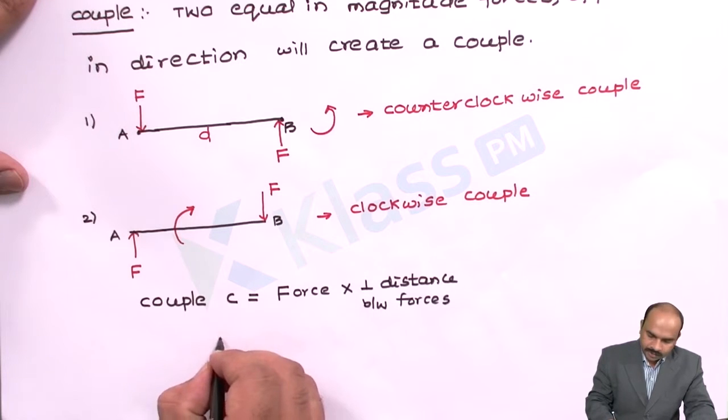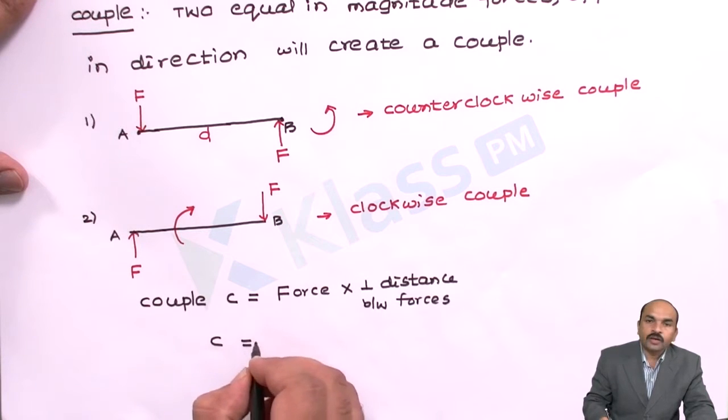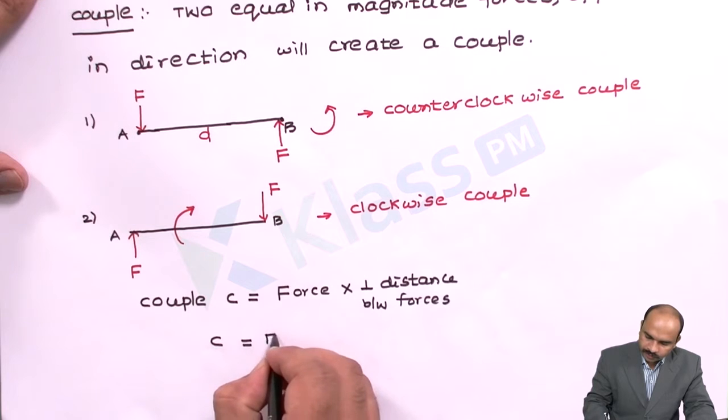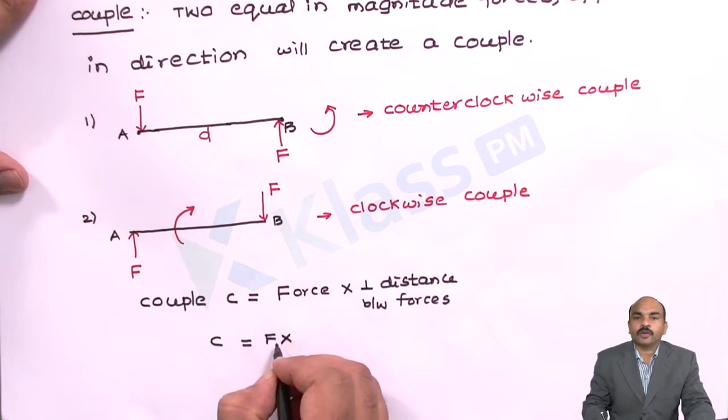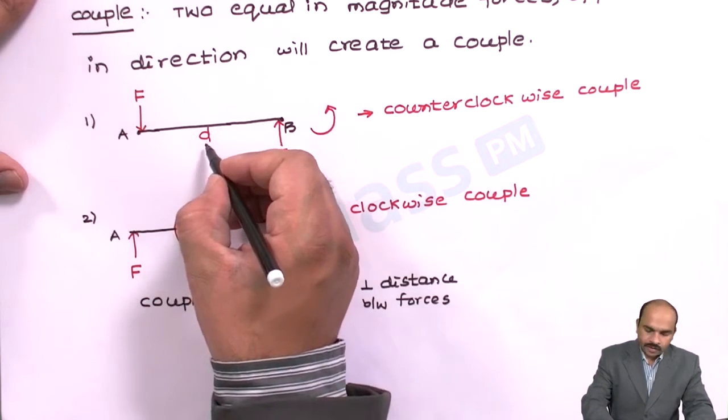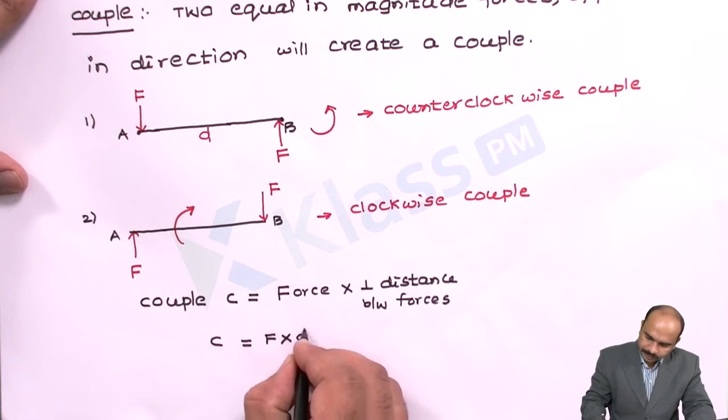Let us say couple is C, the force applied on the object is F and the perpendicular distance is D, which is shown in the diagram.